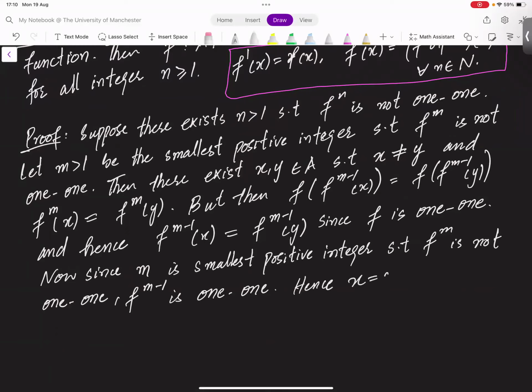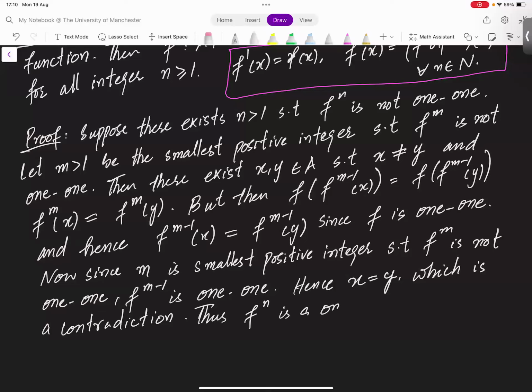Hence, x is y, which is a contradiction. Thus, f power n is 1-1 for all n greater than or equal to 1.